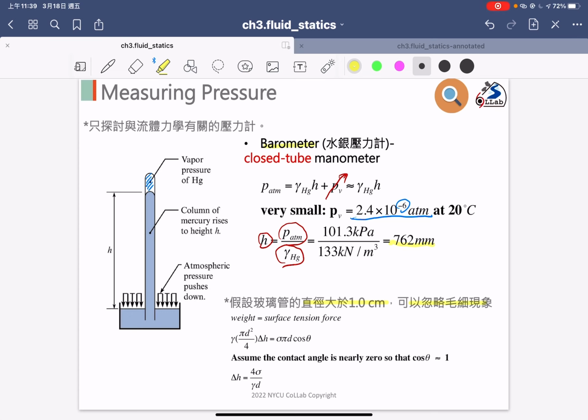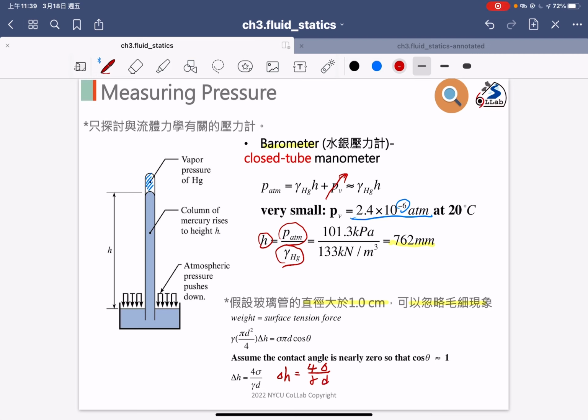If you go back to the equation for surface tension, as I taught in the surface tension chapter, the rising height is equal to 4 times the surface tension divided by gamma d, right?